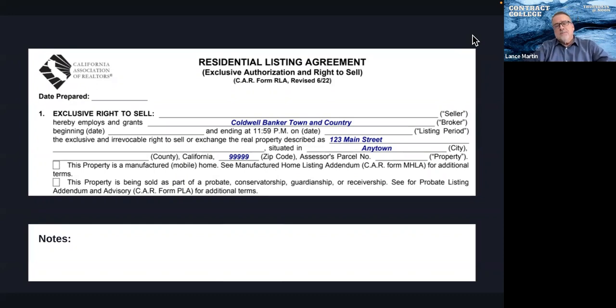I prepare the agreement, I meet with the client, they don't sign it that day. I leave it with them, they sign it 2 days later, 3 days later, whatever it happens to be. Or I email it to them, whatever it happens to be. So just know that there's no direct correlation with the date you prepared and the date that the contract starts. The date the contract starts is the date the contract is executed by your seller.